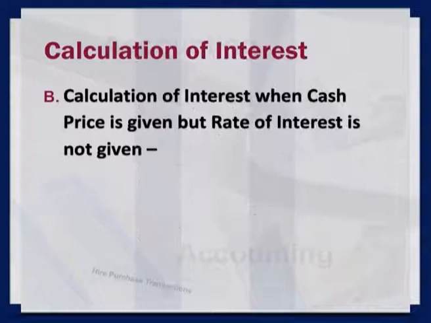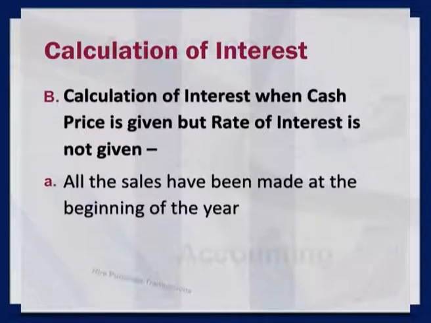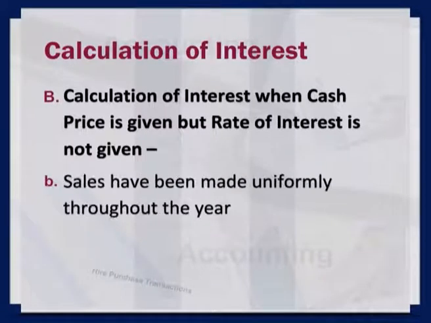So, unless otherwise stated, one may assume that first, all sales have been made at the beginning of the year, or second, sales have been made uniformly throughout the year. The latter assumption is considered more appropriate as compared to the former assumption.